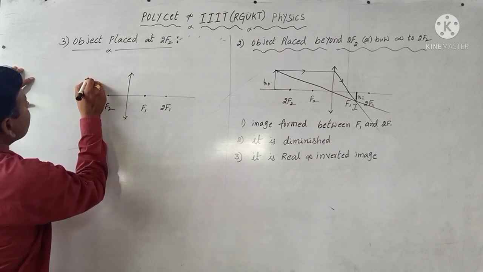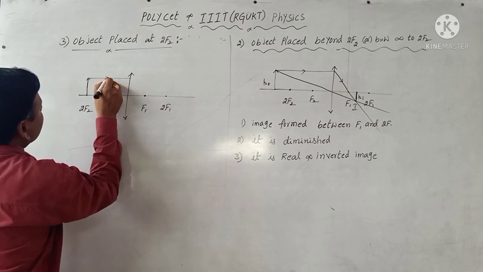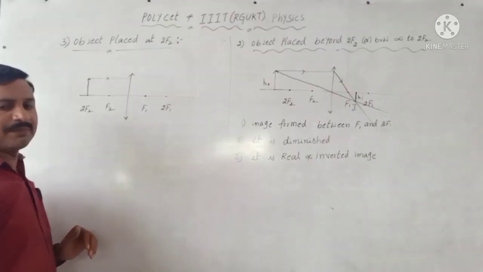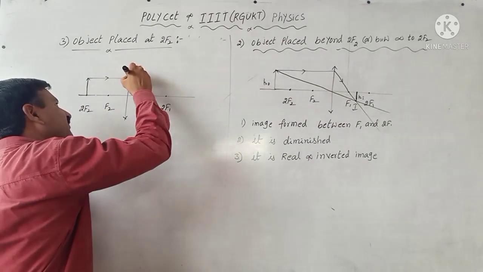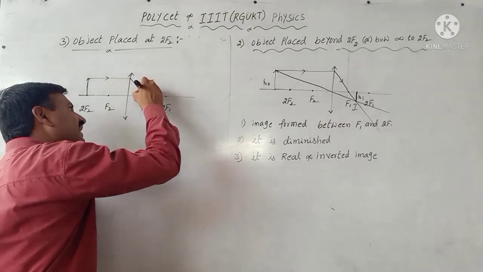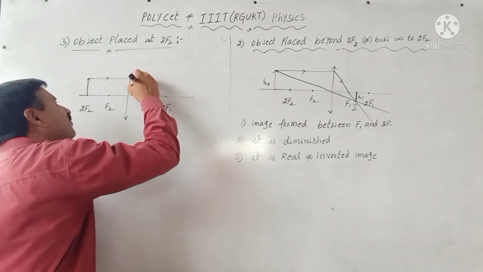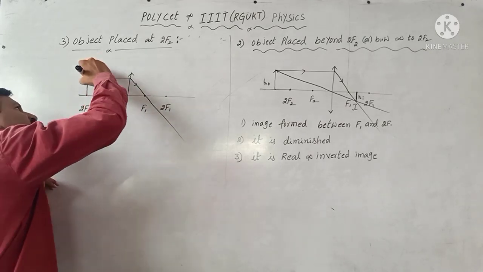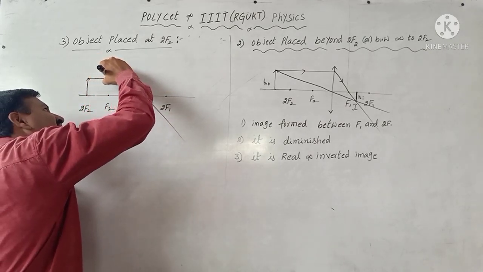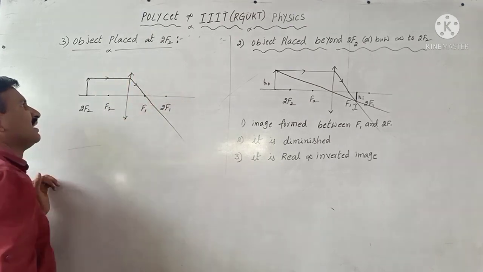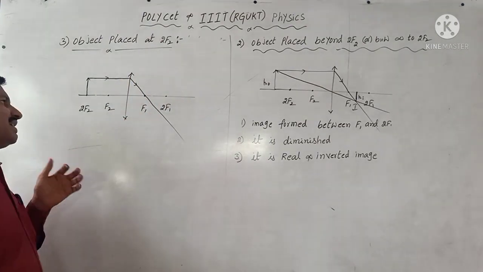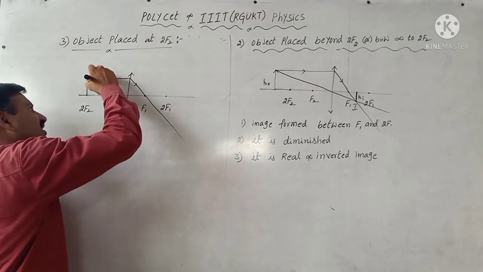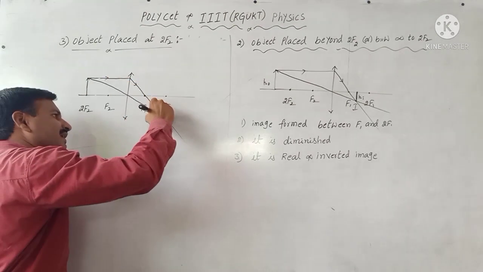First one, a ray passing parallel to the principal axis. After refraction, this light ray passes through the focus. This is the deviation case. Next we take the undeviation case: a ray passing through the optic center.